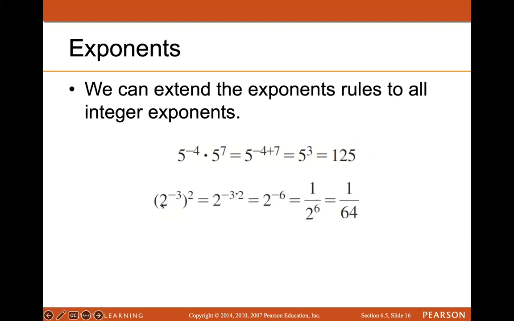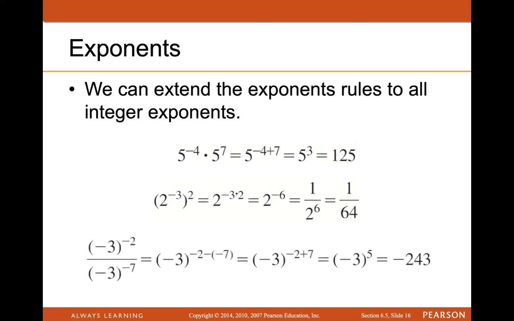The second power of 2 to the negative 3, this is an example of the power rule. So we're going to multiply the exponents. That'll be 2 to the power negative 3 times 2, which is 2 to the power negative 6. And then according to the negative exponent rule, 2 to the negative 6 is 1 over 2 to the 6th. That evaluates to 1 over 64.